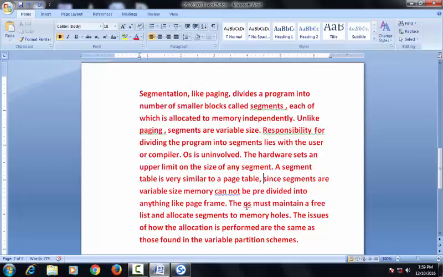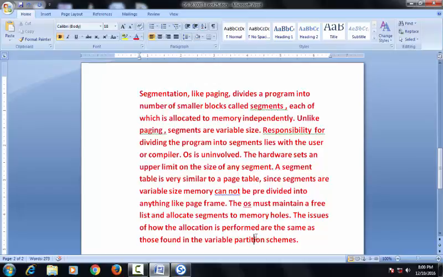So we can have n number of segments and each segment may have a different size. So the allocation of memory to segments is a very typical task because we don't know the size of the segments, right?